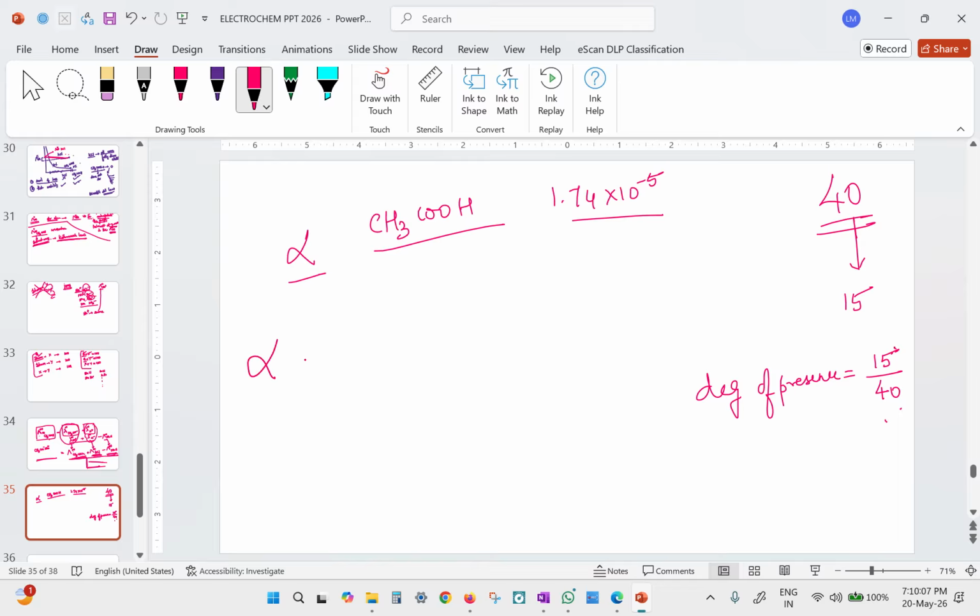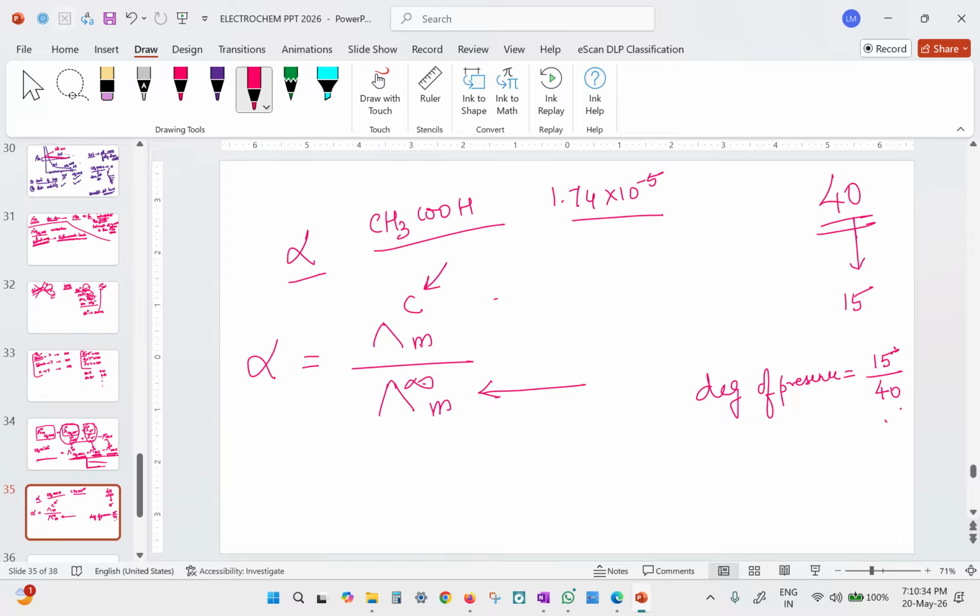So alpha is lambda m at a given concentration by lambda m at infinite dilution. What did I say? An electrolyte is going to give its maximum possible value when it is infinitely diluted. Compared to that, at any different concentration, it is going to offer less conductivity only, no?